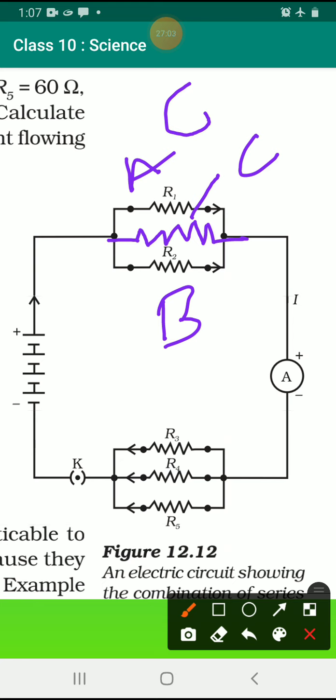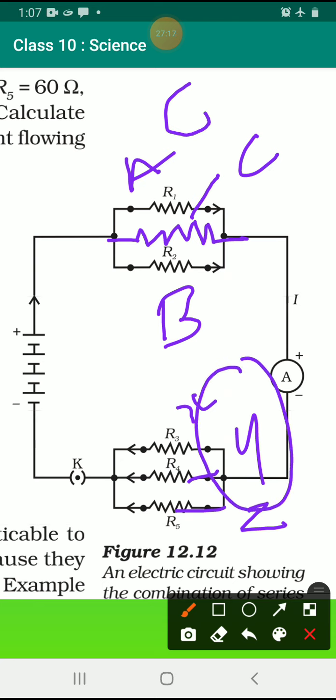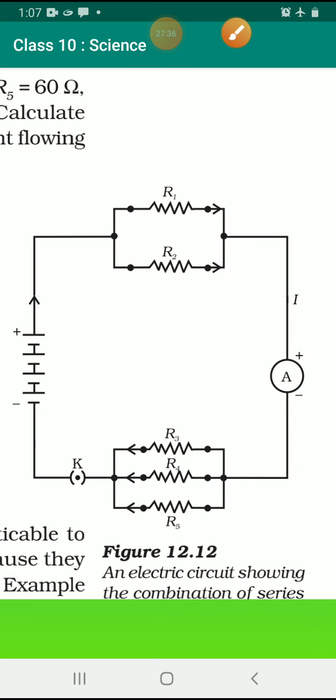I hope you understand. Suppose this is R3, the value of X, and suppose R4 is the value of Y, and suppose R5 is the value of Z. So when we substitute the values in the formula of the parallel connection, we get an answer, suppose P. So all three resistors will reduce to only one resistor.